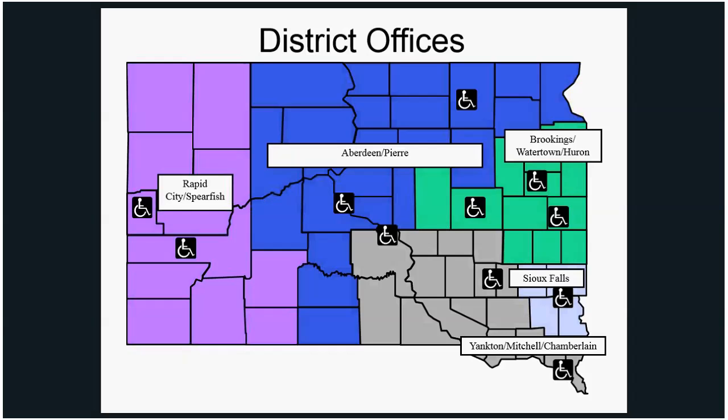The district office supervisors are found in those district office locations. 8 of the 11 offices are co-located with Department of Labor and Regulation, or DSS, and 4 of those offices, Spearfish, Huron, Mitchell, and Chamberlain, are one-person offices. We do that probably in a similar fashion to how LTSS does it, to make sure that we're able to effectively and efficiently cover the entire state.